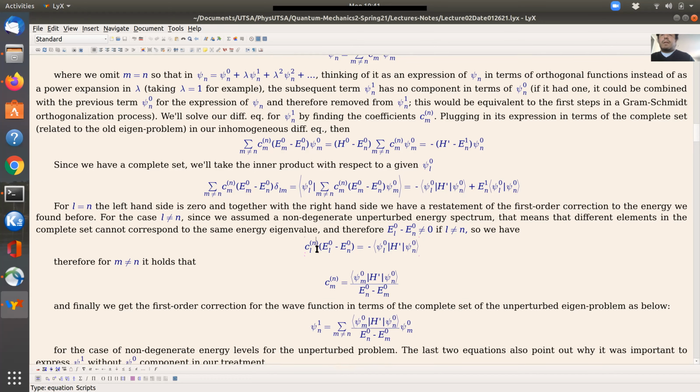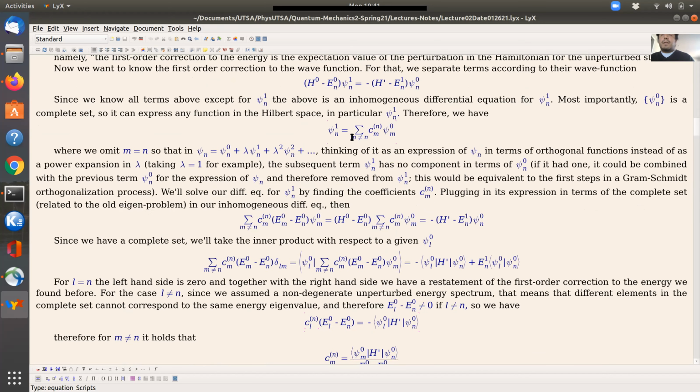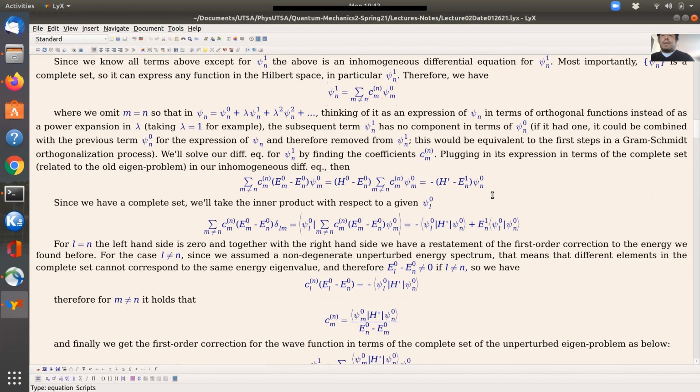What you wanted is to find psi1n, which is given by the expansion in terms of the old eigenfunctions. It suffices to know this coefficient C and M in order to know the first order correction to the wave function. In that case, you only need to pass to the other side to get the coefficients and therefore get psi1n.